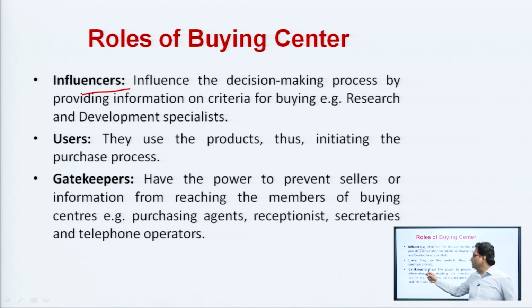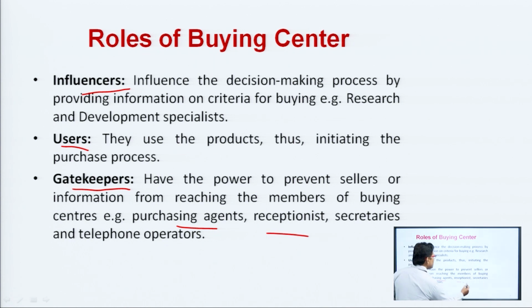There may be the users. Users are the people who are just going to use the raw materials, the products, the services. Then there may be the gatekeepers. Gatekeepers are the people who have the direct power of preventing the seller or the information from reaching the organization, the buyers, and they may be purchasing agents, a receptionist, secretaries and telephone operators.